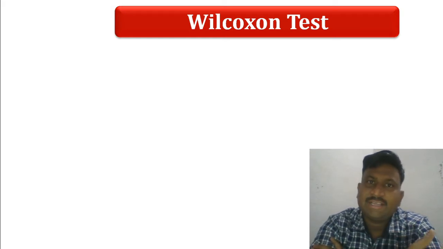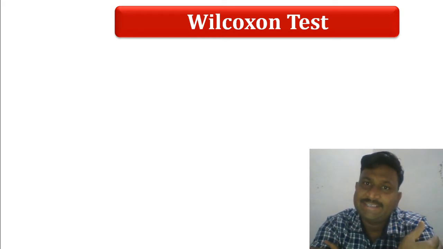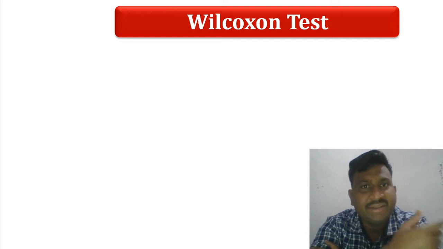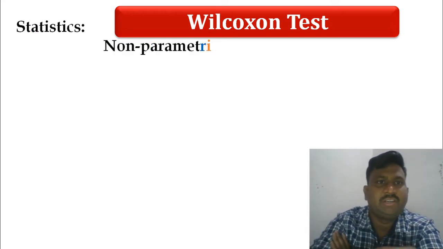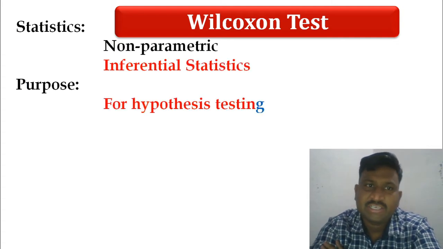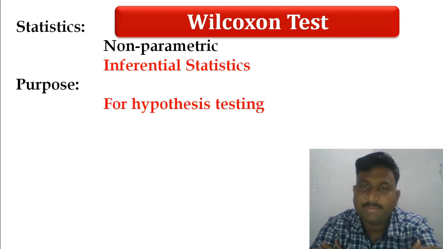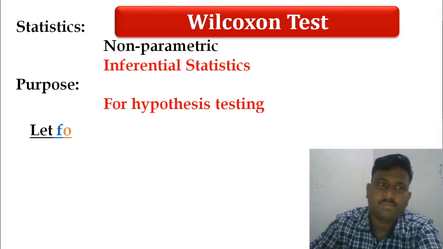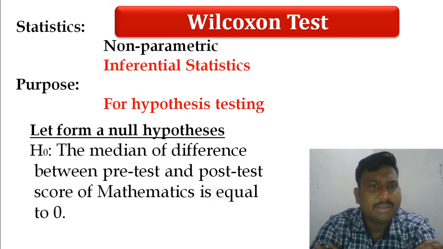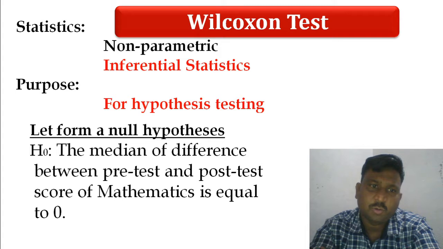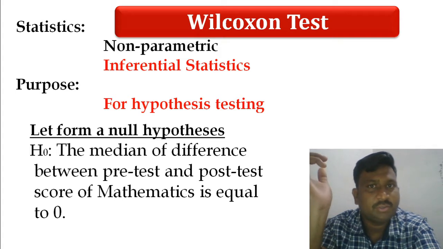For Wilcoxon test, the measure of central tendency used is median instead of mean. So it is a non-parametric inferential statistic used to test a null hypothesis. Let us form a null hypothesis in terms of median. The median of difference between pre-test and post-test score of mathematics is equal to 0.